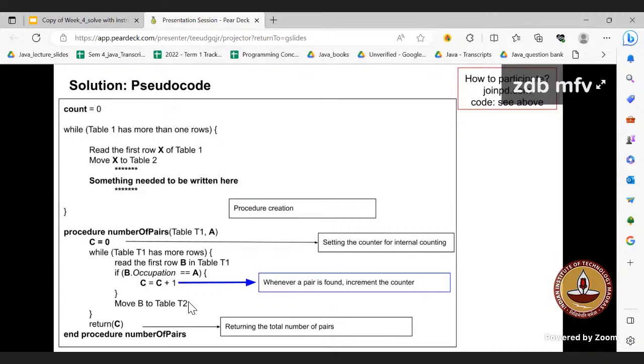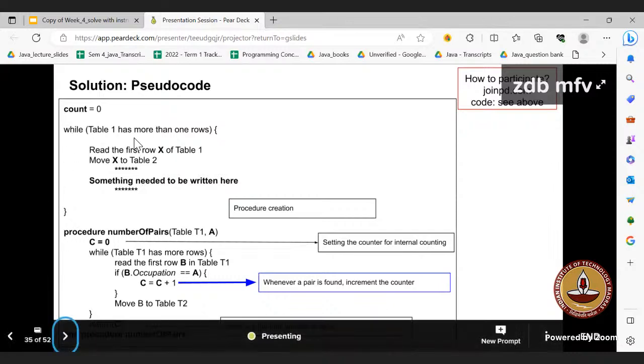In the procedure, the first card's occupation is stored in A, and the remaining rows of your table are passed. You will see all the remaining rows' occupations. If they are the same occupation, you should increment the count, and return the value of that count to the main call. That should happen for each and every card.